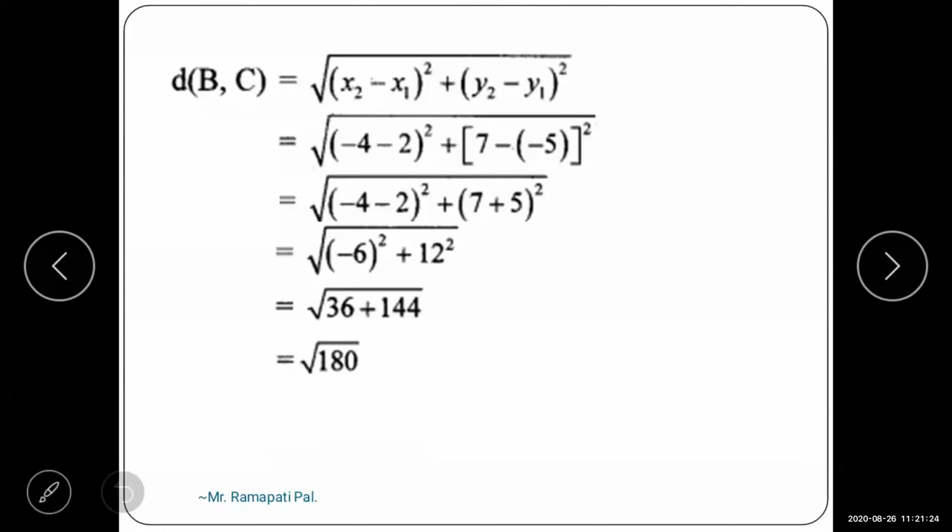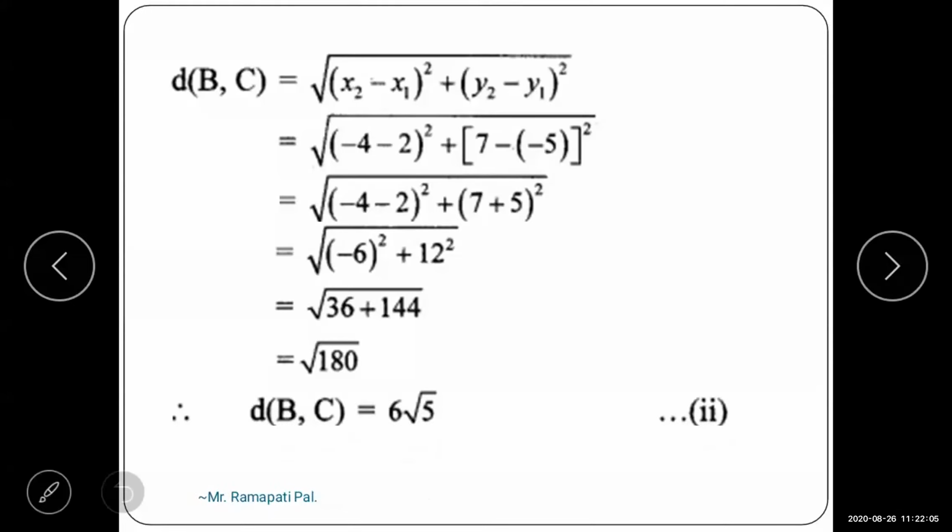Find out the factors. One factor of 180 is 36 into 5. We know 36 is a perfect square of 6. So distance BC is equal to 6 root 5.